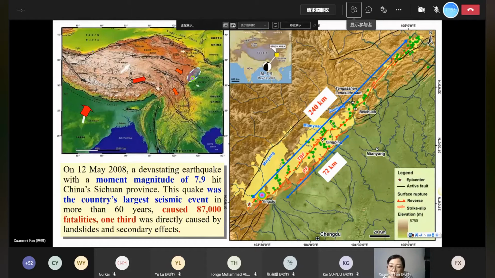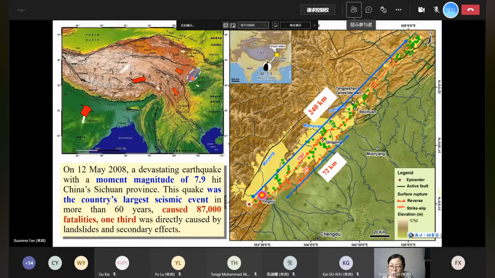And this slide shows you the situation of the 2008 Wenchuan earthquake. So this earthquake occurred in 2008 in the southwest part of China, with magnitude 7.9.